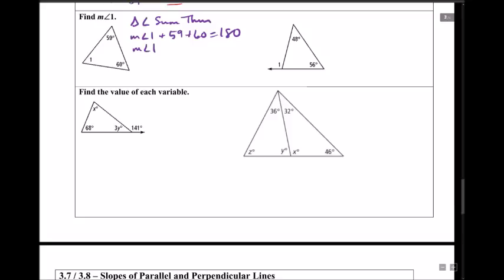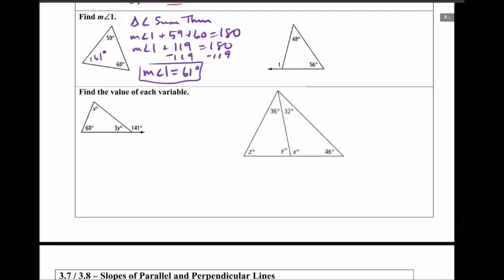So what is that? 119. Subtract 119 from both sides. The measure of angle 1 is 61 degrees. Does that look about right? Yeah, it does. Fits in nicely with those.